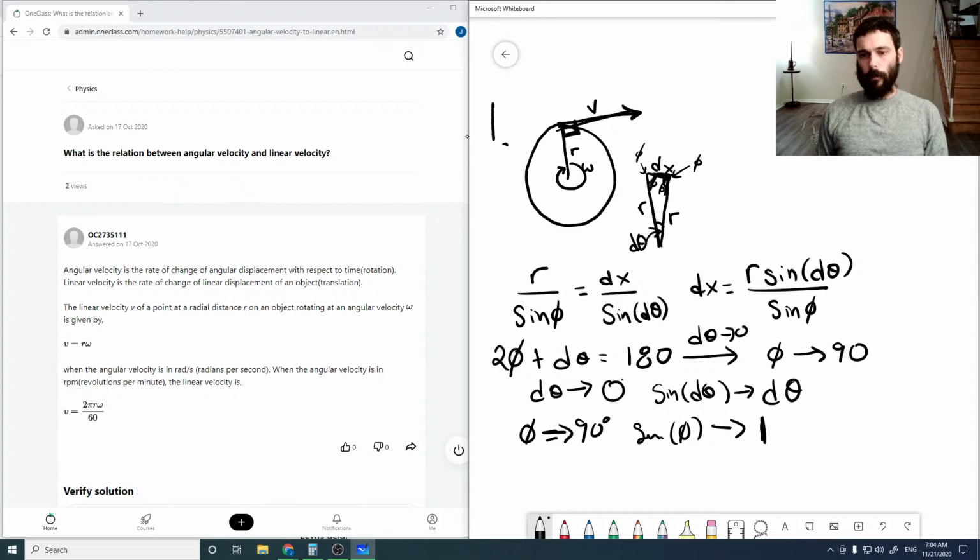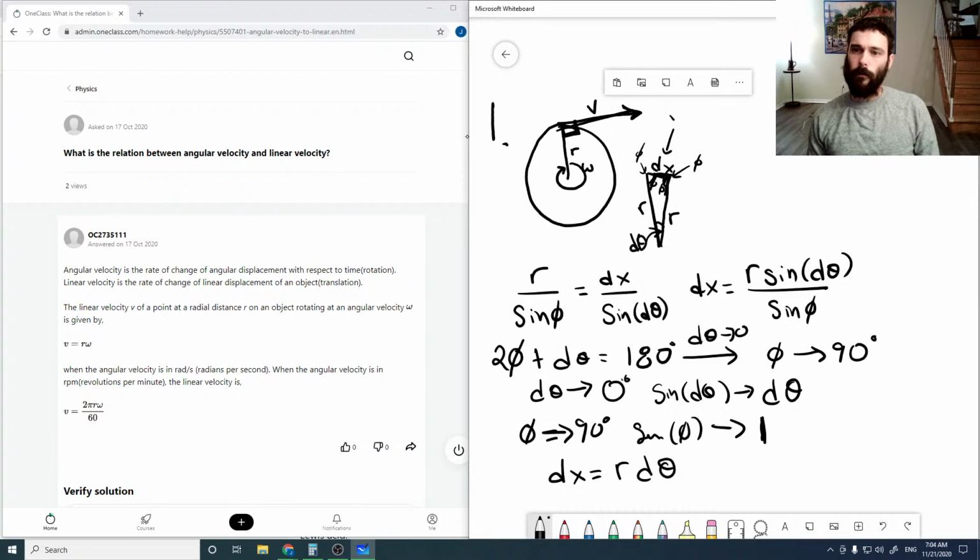And so as d theta goes to 0, our dx goes to r d theta.